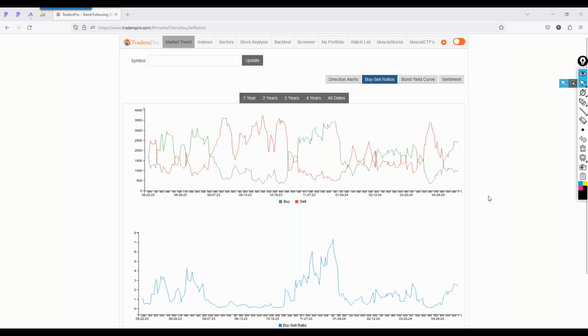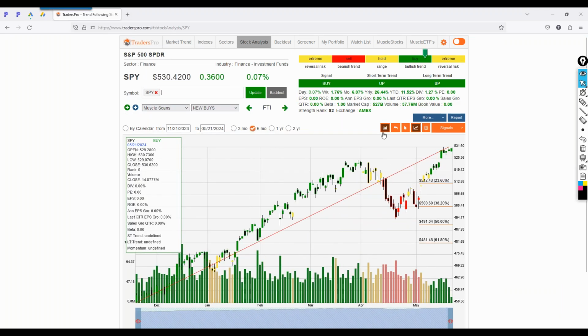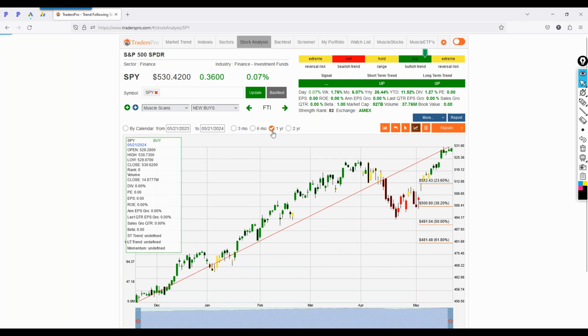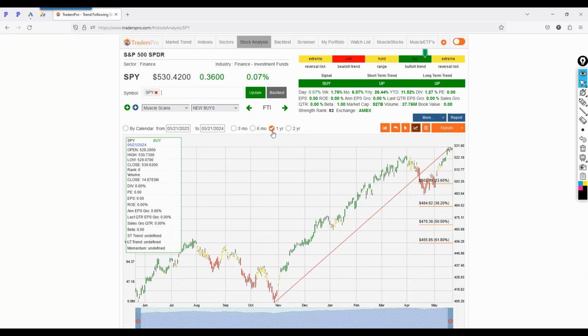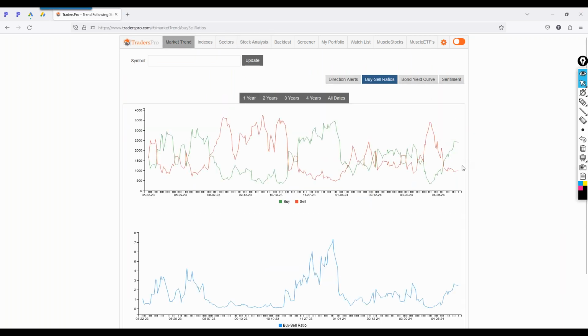So these are the shorter term ebbs and flows and price patterns, and we can also add in the market as a whole. The S&P 500 is not the whole market, but it's probably close enough to say this is the market trend. And we see that as price is going higher, this was when we have a buy-sell ratio of less than 1. This is where we have a buy-sell ratio above 1. So that's a very simple, fast glance to see what our current trend is and how deep we are into that trend.